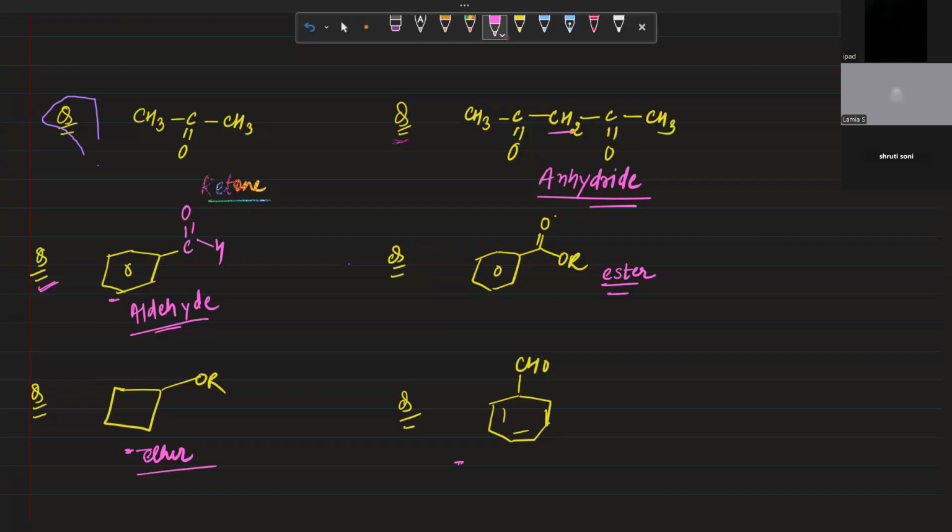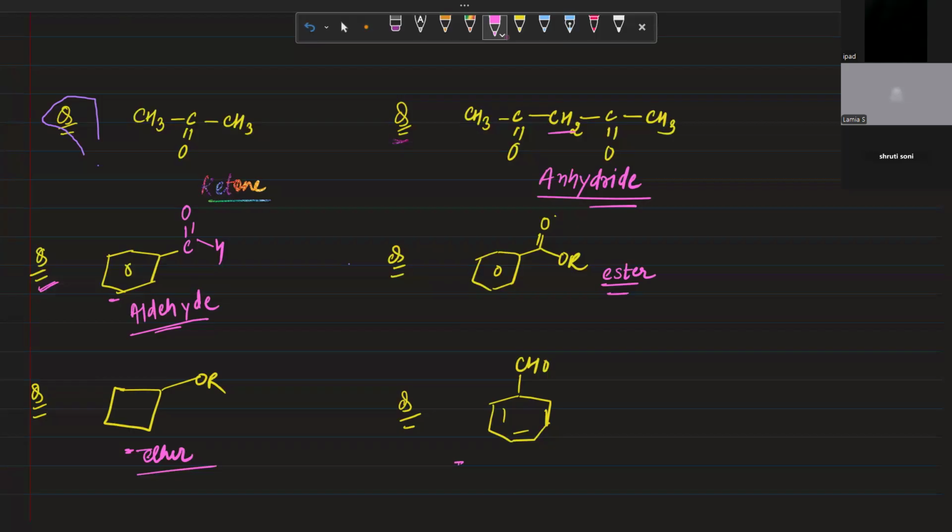Okay. And in case of hydroboration oxidation, tell me, NaBH4 or NaBH3? I think it's NaBH3, THF.